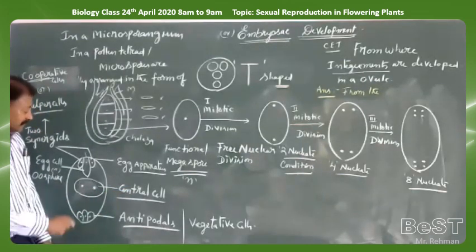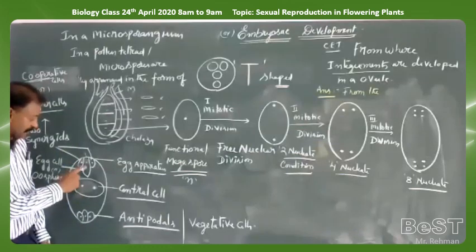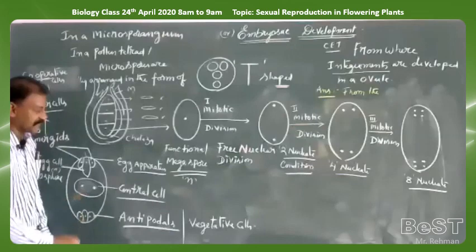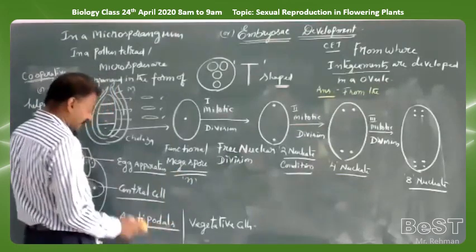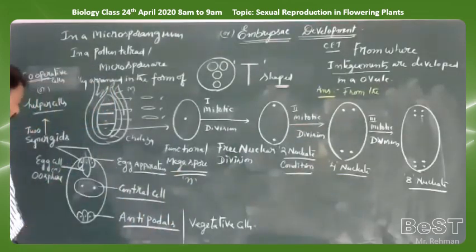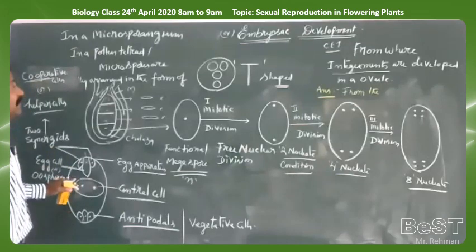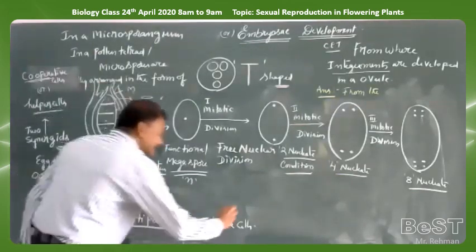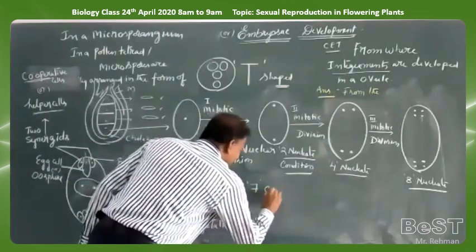Now, how many cells are there? 1, 2, 3, 4, 5, 6, 7. In an embryo sac or female gametophyte, there are 7 cells.